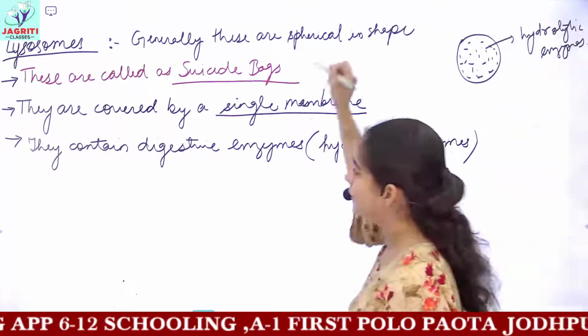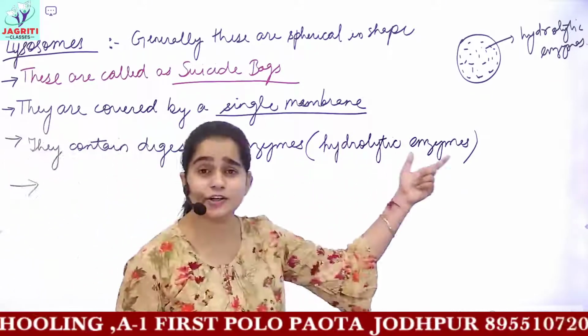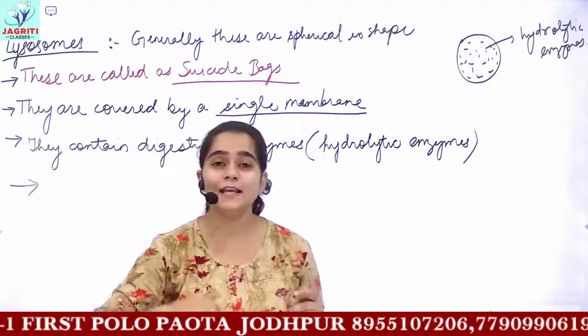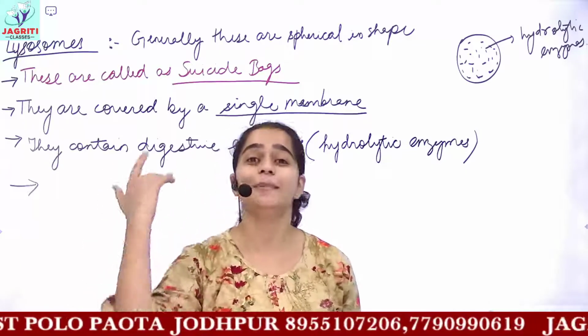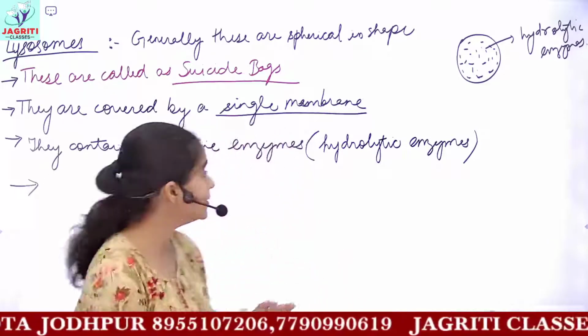What is the function of lysosome, or of these hydrolytic enzymes? These enzymes help in the breakdown of any food particle or any foreign matter which enters from the outside to the cell or within the cell.